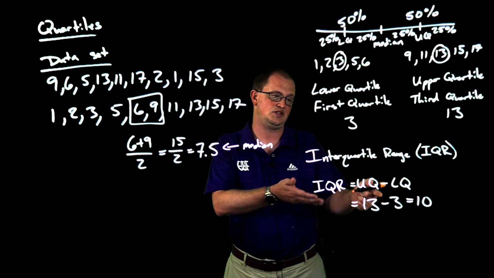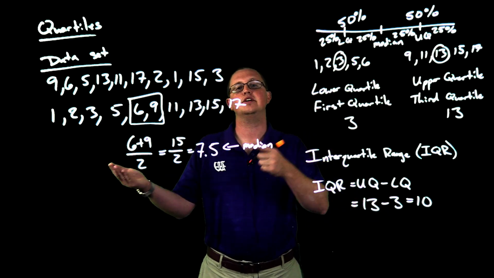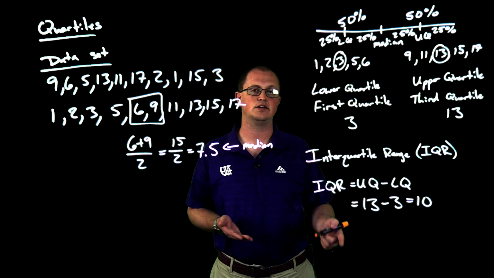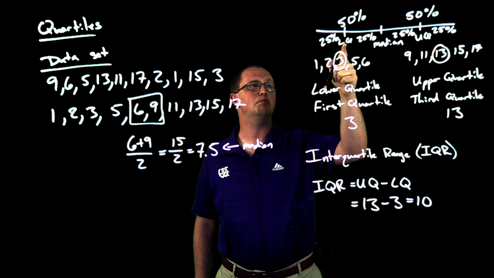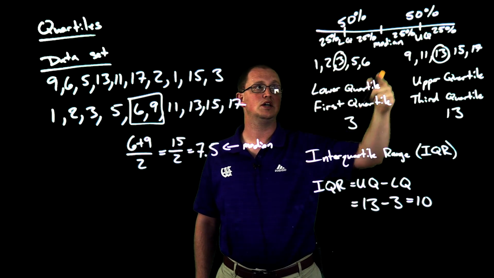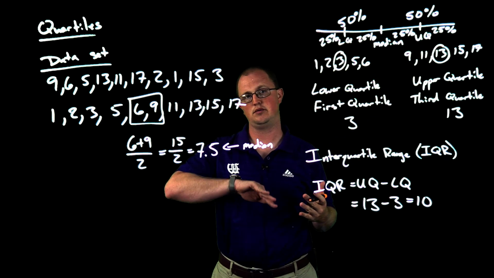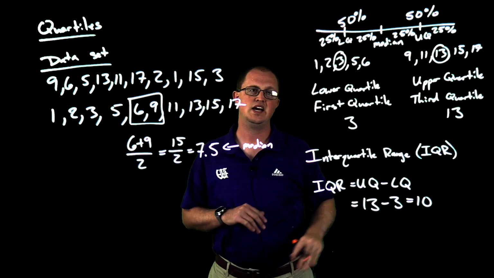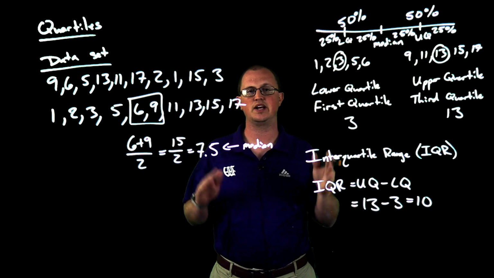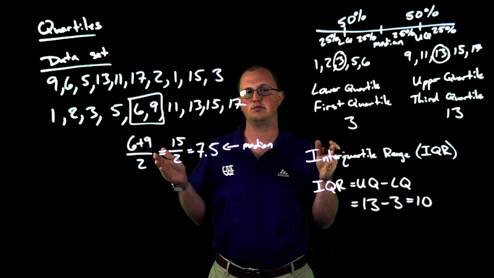And why is this range better than just the regular range? The reason is this tells us the range from the bottom 25% to the top 25%. Which means we say we're going to throw out the bottom quarter of the data, and we're going to throw out the top quarter of the data. And then we're going to ask, what's the range of the middle 50%?